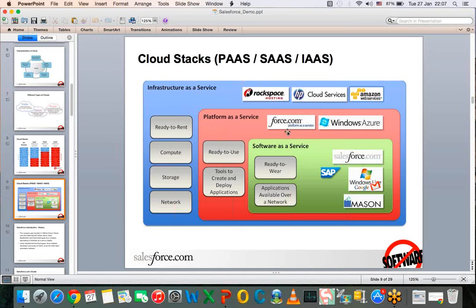You can have trial usage: with force.com you can have a free developer account, and similarly for Windows Azure, you get an account but need to pay $1 for one year of usage, and you can start using the Windows Azure platform for building your applications.